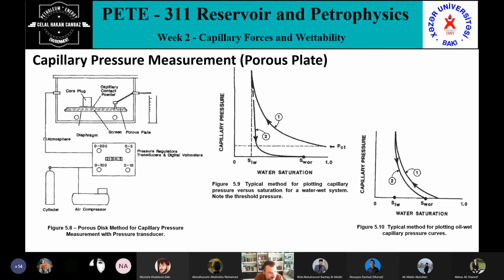Yes. In 5.9, I am saying that this is a water wet system. In 5.10, this is an oil wet system, and these are the capillary pressure curves of these two systems. What are the differences between these two plots?